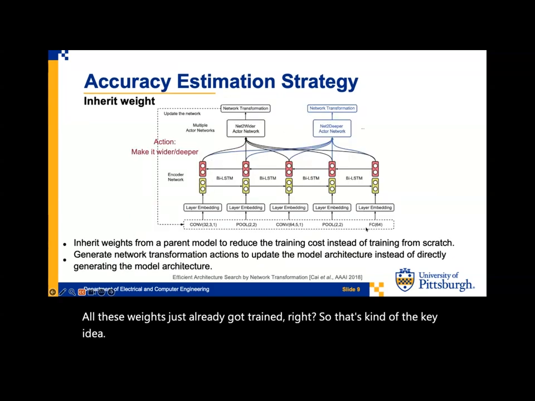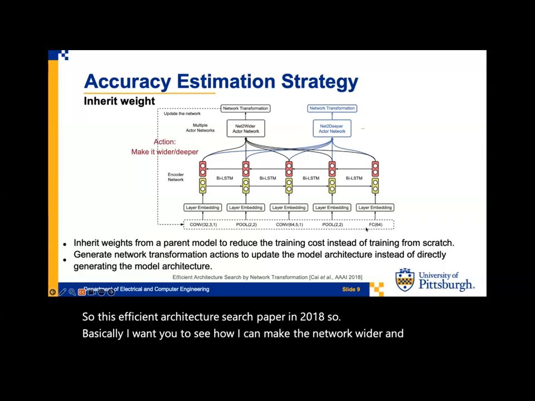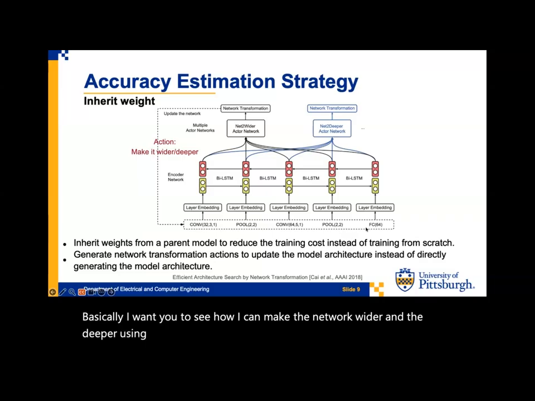So this efficient architecture search paper in 2018 basically wants to see how I can make the network wider and deeper using the weights I already have. So I'm going to inherit the weights from a parent model to reduce the training cost instead of training from scratch. It generates network transformation actions to update the model architecture instead of directly generating the model architecture.